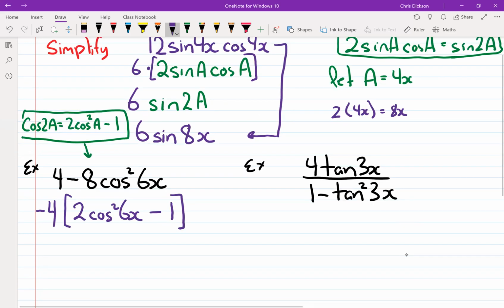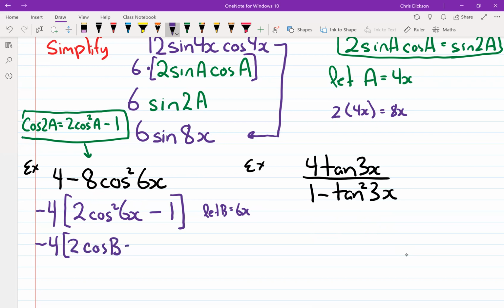And once again, you don't have to write a let statement, but you could say, let b equal 6x. So wherever I see 6x, I'm going to write a b here. So this would be -4, 2 cos squared b minus 1.